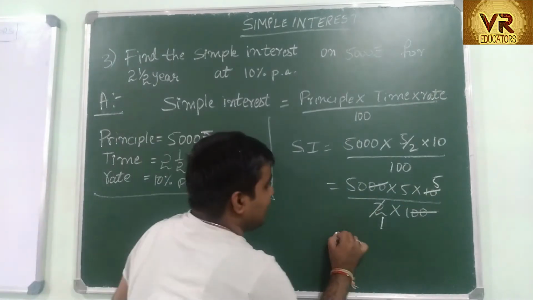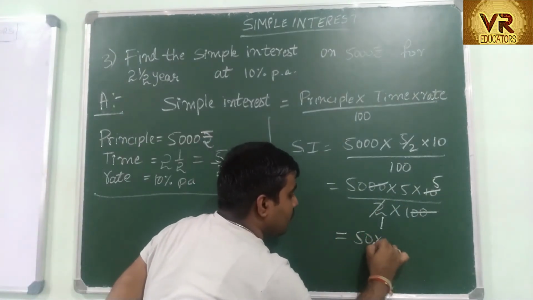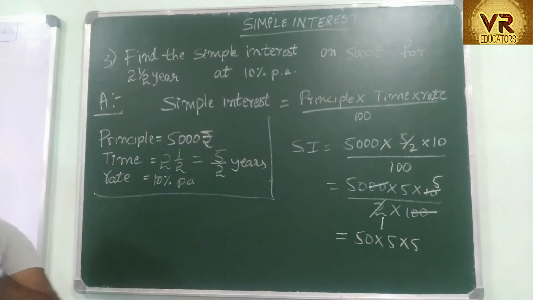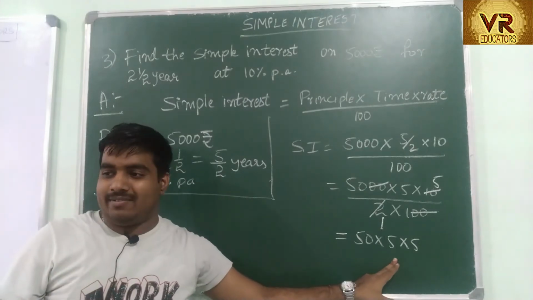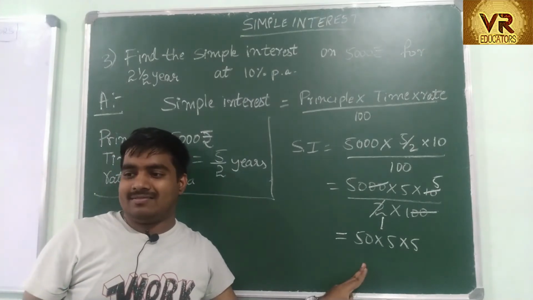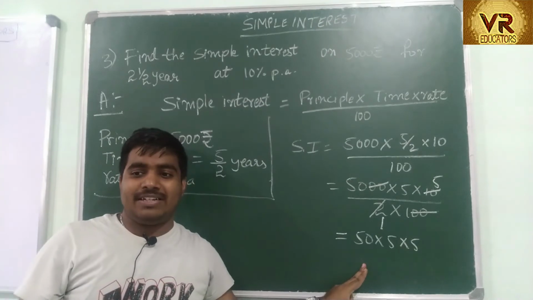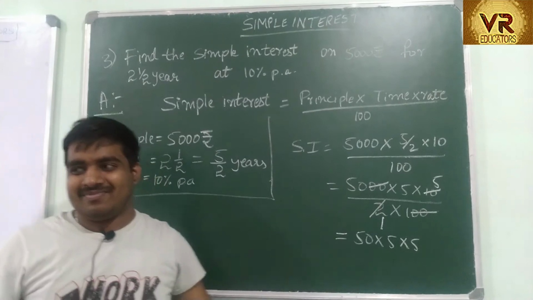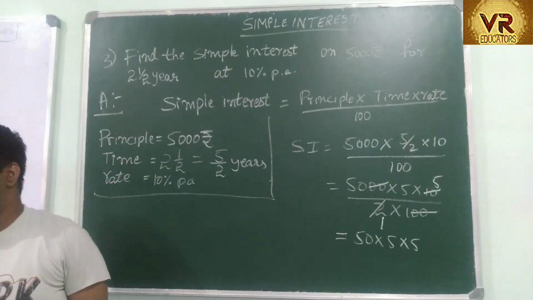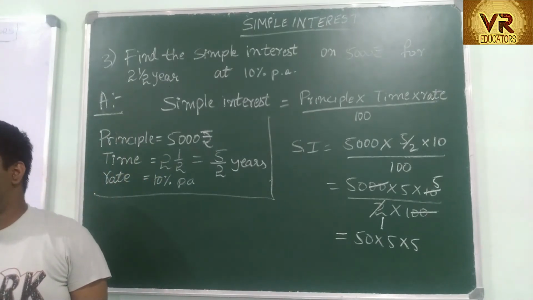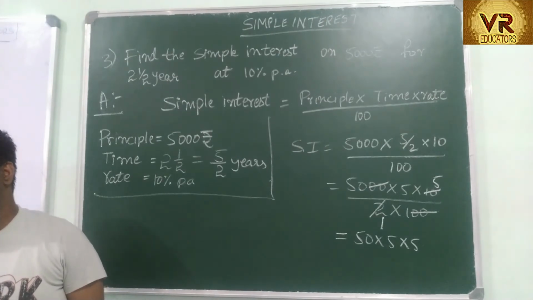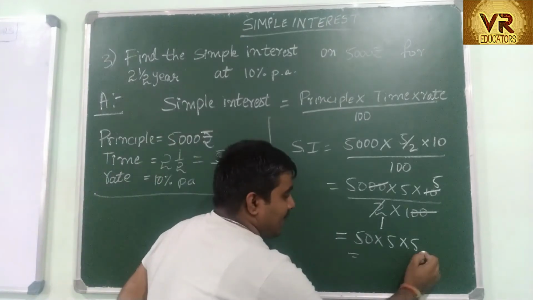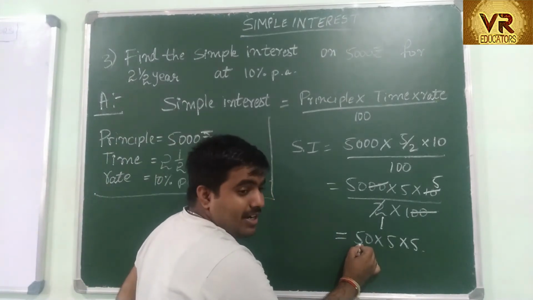So what remains here? 50 into 5 into 5. 5 5s are 25, 25 5s are 125.